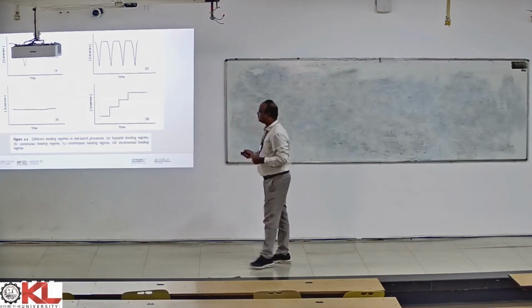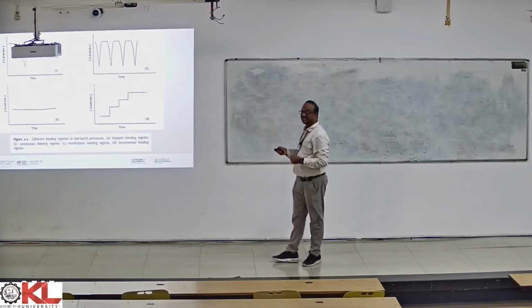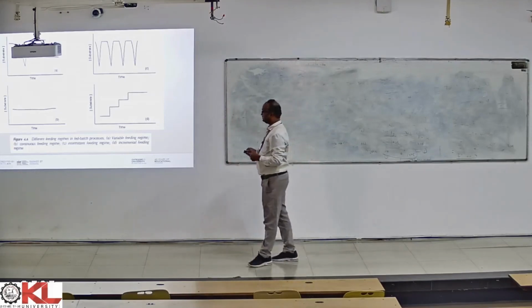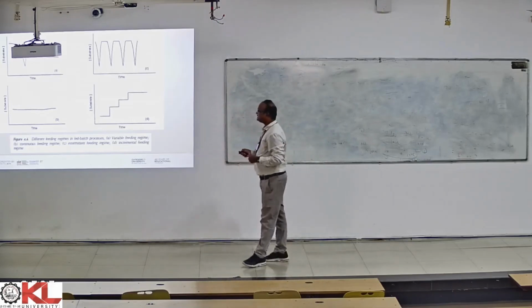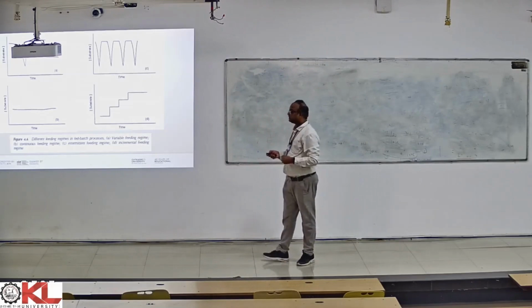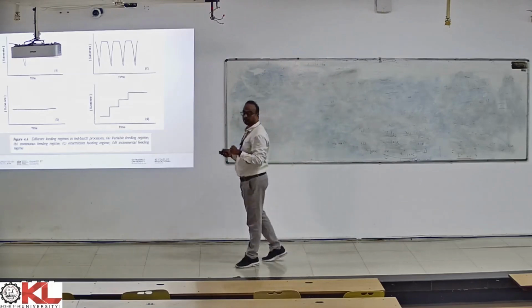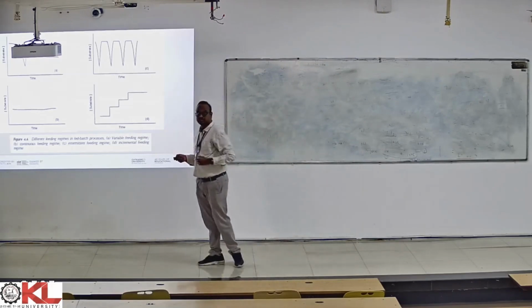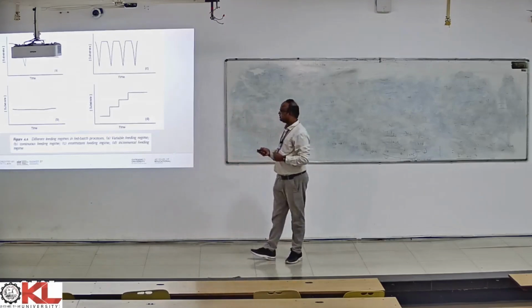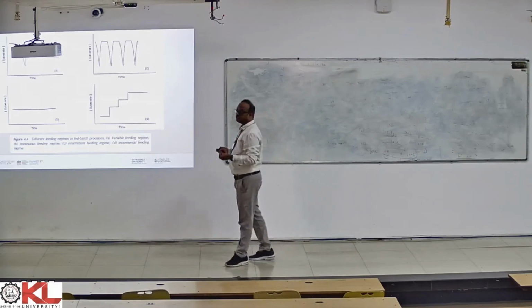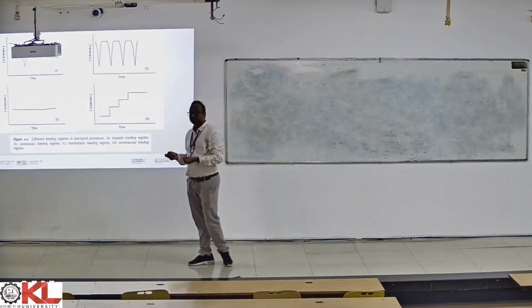The final mode is called the incremental feeding regime. In this feeding regime, we gradually increase the amount of substrate that we send into the bioreactor, from lower concentration to higher concentration. We do this because we need to accommodate the organism growth.